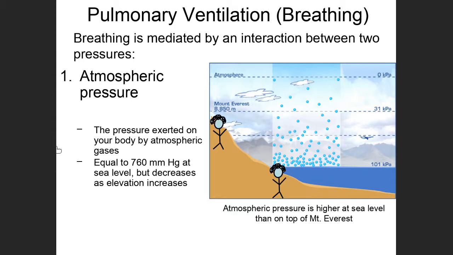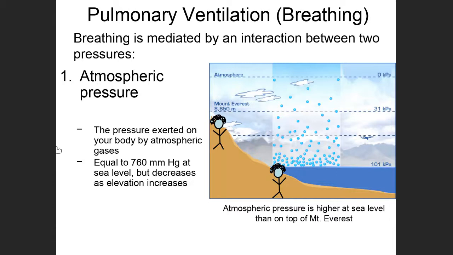When pressure in the lungs is lower than pressure outside of the body, and it's lower than the atmospheric pressure, air from outside the body moves into that area of lower pressure, which is within the lungs, and you inhale. So we learned about before that blood always moves from areas of higher pressure to areas of lower pressure. It's the exact same thing with air as it's moving into and out of the lungs.